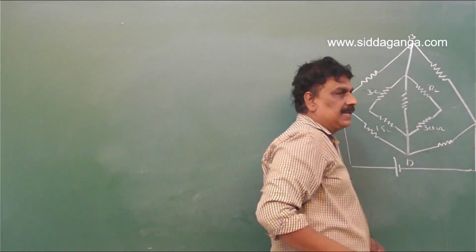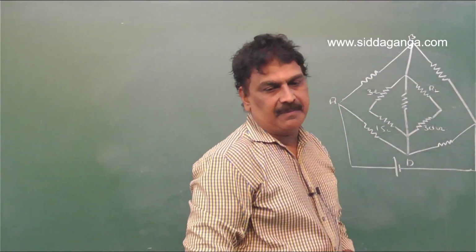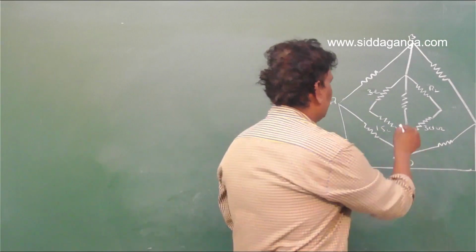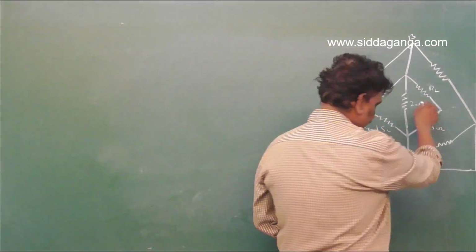There is a conducting path between B and E, so that is equal to 2 ohm.